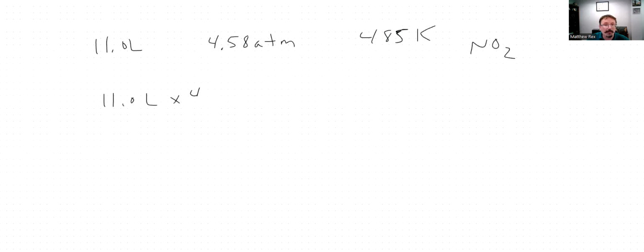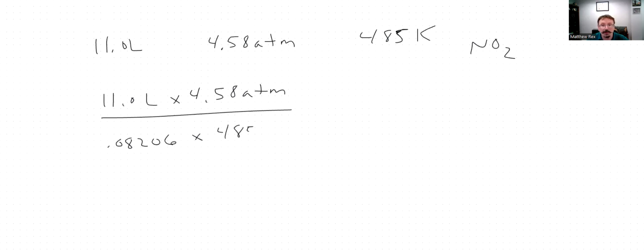What's the mass of NO2 contained in 11 liters at 4.58 atmospheres and 485 Kelvin? So we're going to have the 11 liters times the 4.58 atmospheres divided by 0.08206 liter atmospheres per mole Kelvin times the 485 Kelvin.